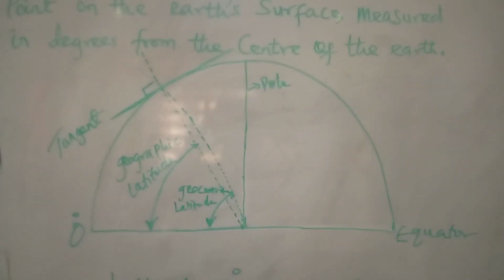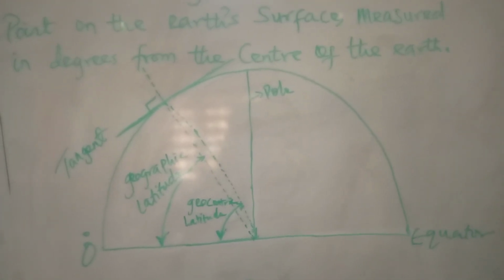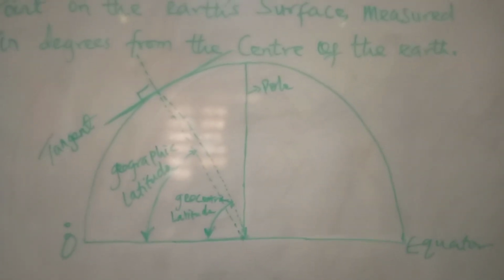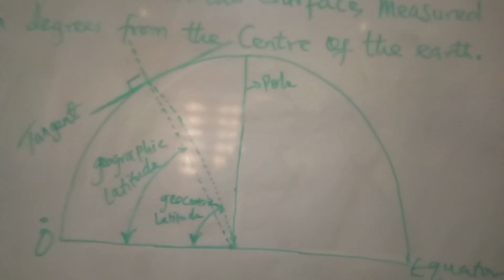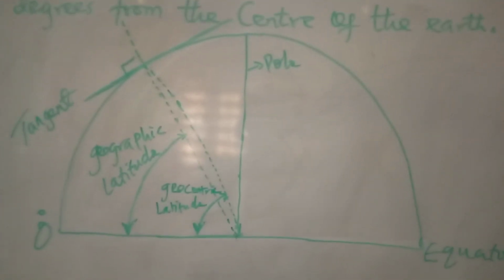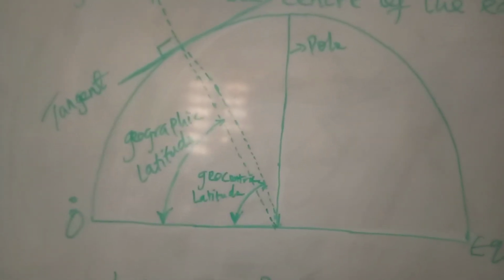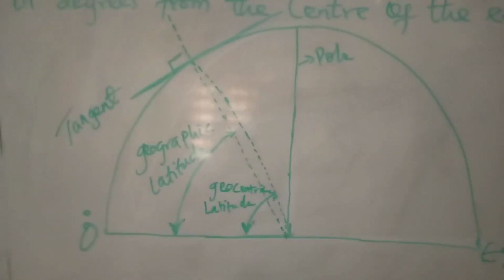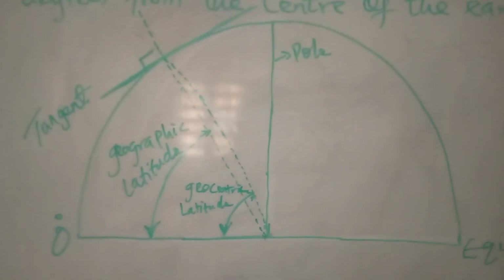Can you see? There is what we call geocentric latitude. That's the one that is tilted away from the normal to the tangent. It's actually tilted away from the geographic latitude. The geographic latitude is the one that we are using. So that geocentric latitude is a little bit different.